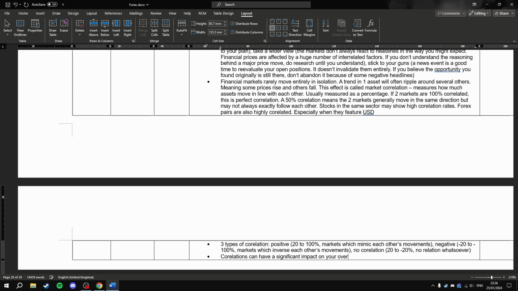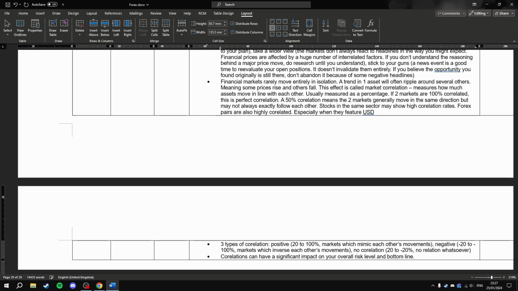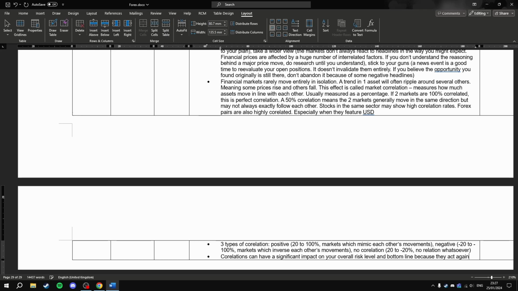They impact your overall risk level and bottom line because they act against diversification.